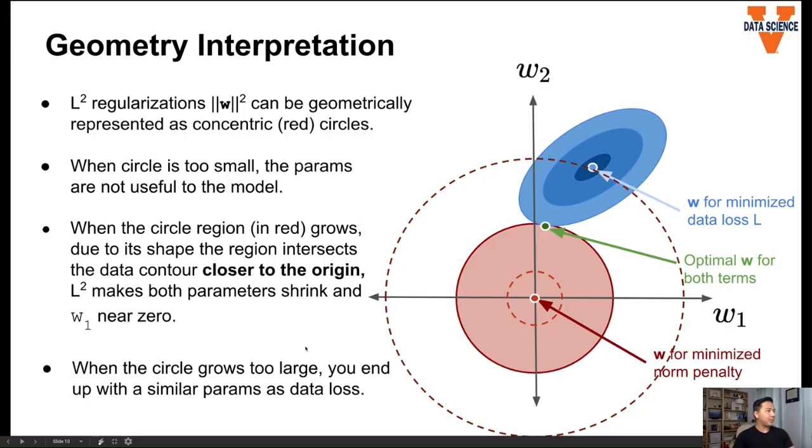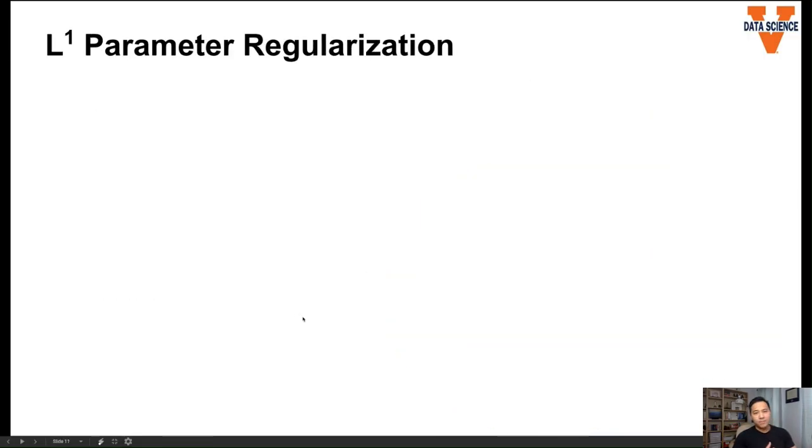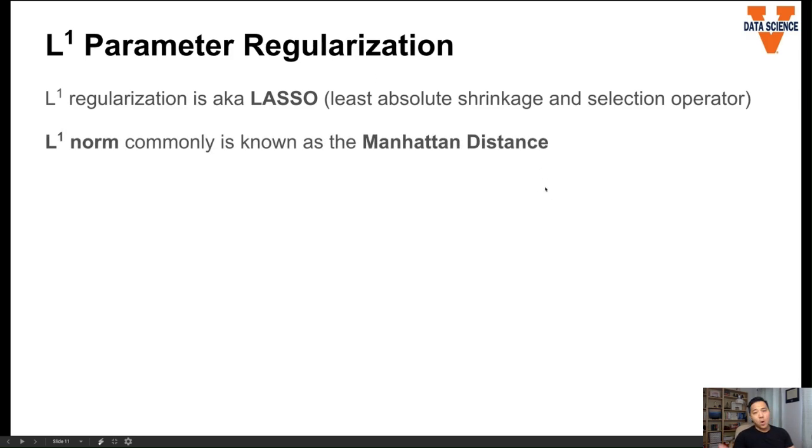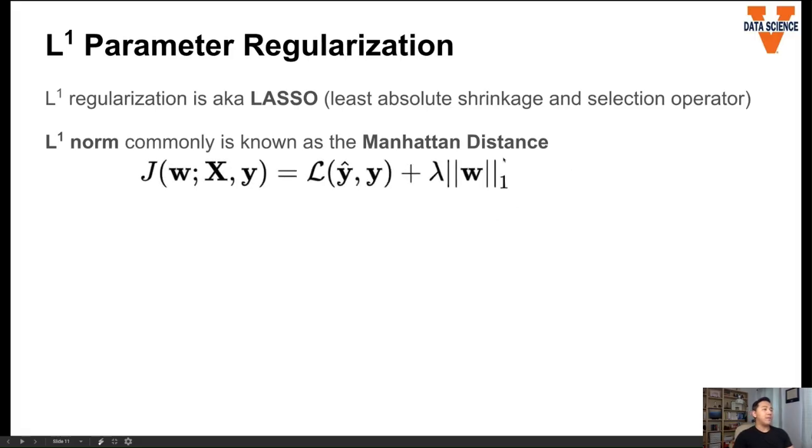Okay, very good. The second type of parameter norm regularization is called L1 norm, and L1 norm is also known as lasso, least absolute shrinkage and selection operator. L1 norm, if you're looking at the distance, is also the same as the Manhattan distance, or city block. So the only difference is that instead of the L2 norm, we have the L1 norm here.